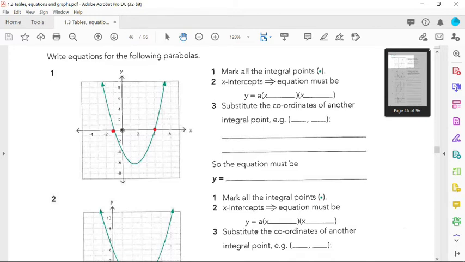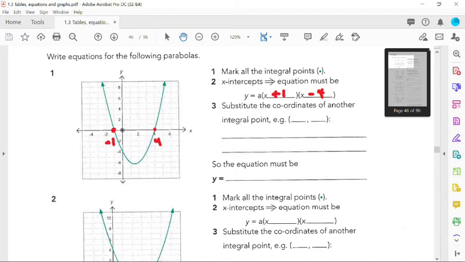So first thing I need to do is find those x-intercepts and put them in that form, y equals a times (x plus or minus) times (x plus or minus). So the first x-intercept over here is -1, and this one is +4. So when I put them in here, it's going to be a plus 1 and a minus 4 in no particular order. The order of those makes no difference at all.